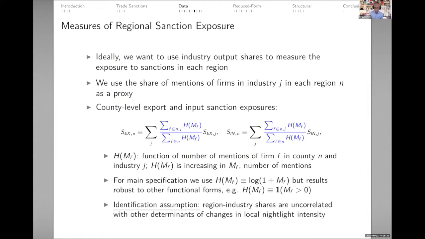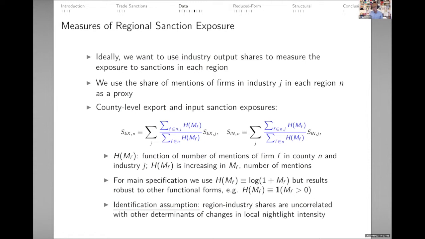So the county level export sanction exposure is going to be the weighted average of the industry sanction indices, where we weight the industry by the share of the mentions of the firms of that industry in that county. The variation across counties here is coming from this term in the middle, which is basically the share of this function of number of firms in that industry in county N.